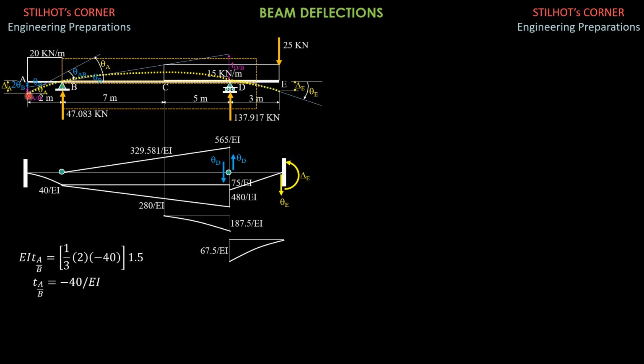Negative means point A on the elastic curve is below the reference tangent at B. So it is correct in this figure. Delta A therefore is below the horizontal, so delta A is negative.